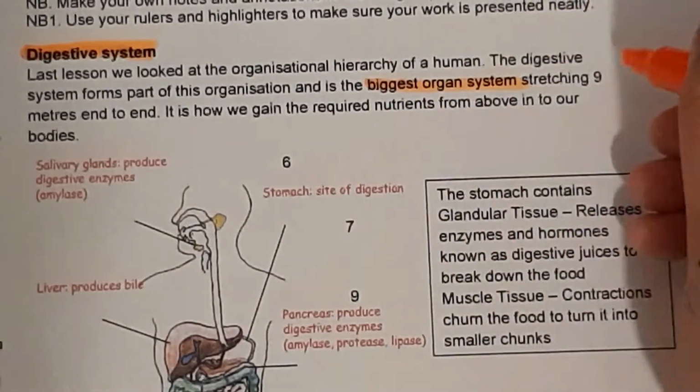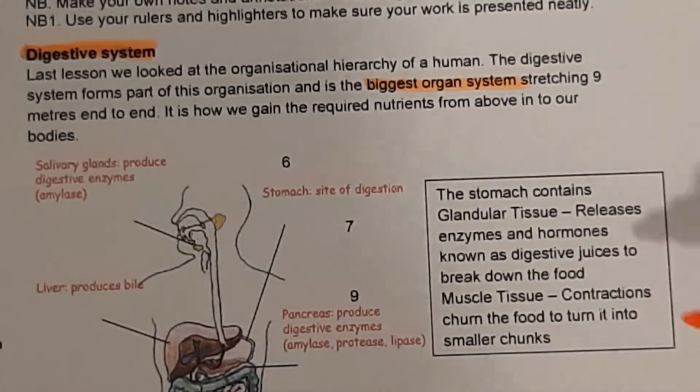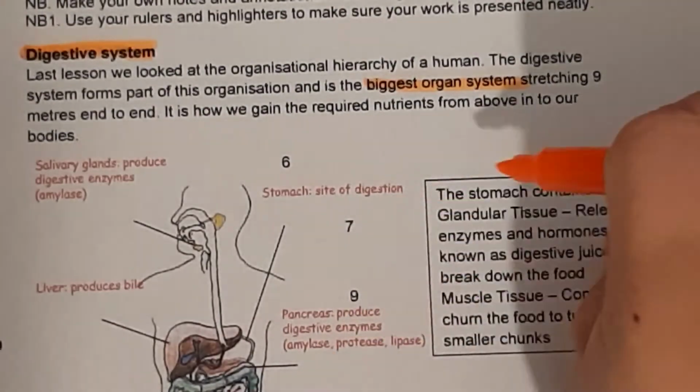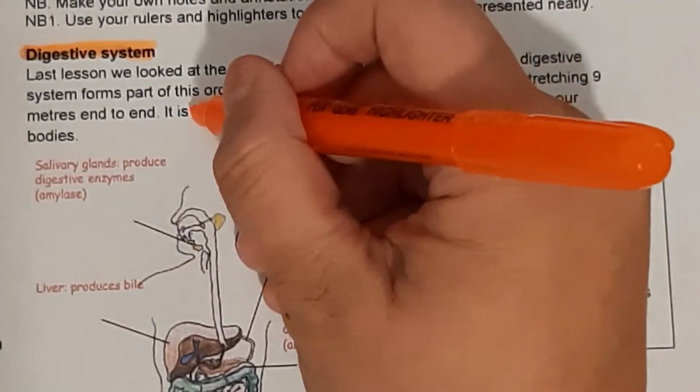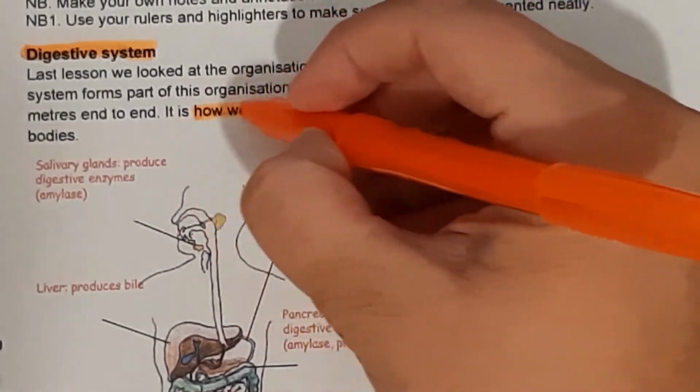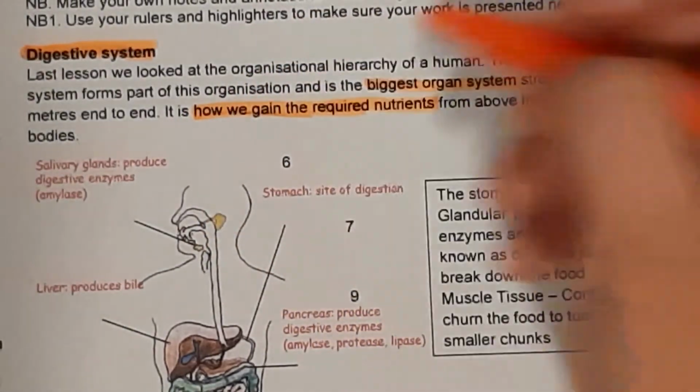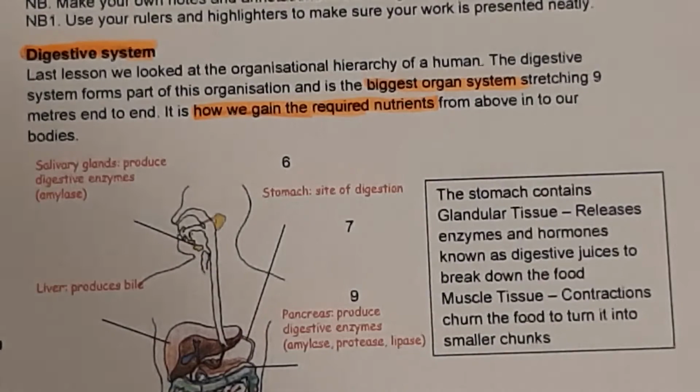And if you recall from last lesson, it is 9 metres from mouth to anus. And it's how we gain the required nutrients from the previous list into our bodies. Without our digestive system, we would not be alive because we would not be able to get our nutrients into our bodies. So on this diagram here, there's a number of things that are written in red.